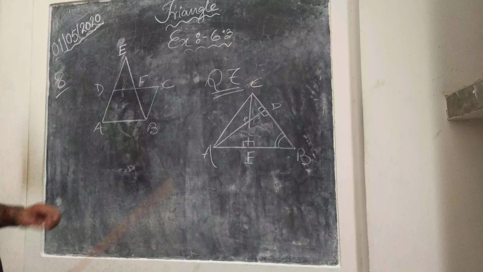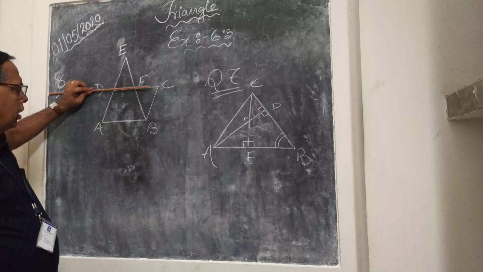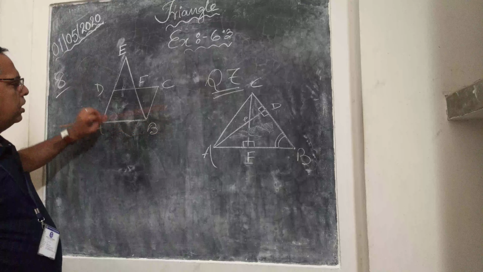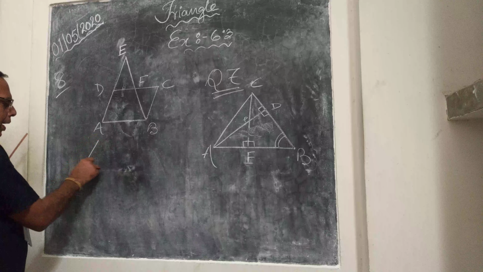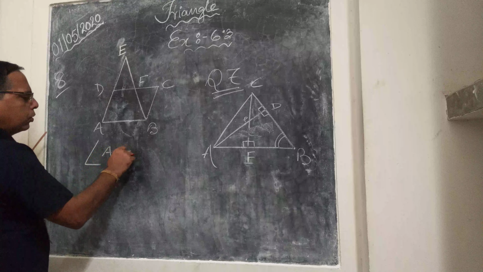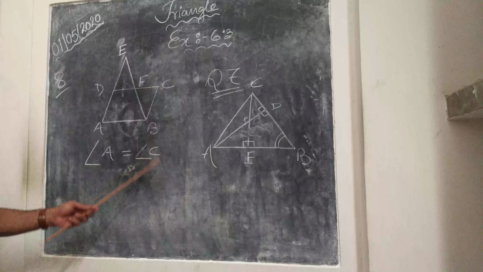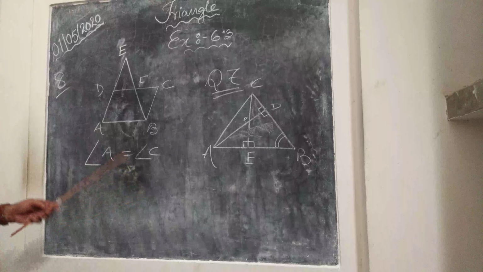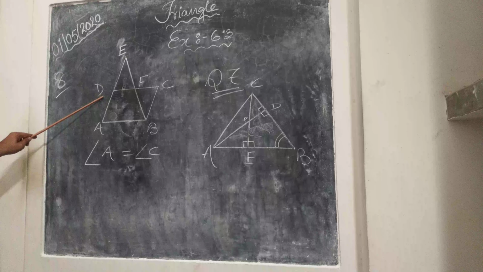Opposite angles of a parallelogram are equal. Now forget about this triangle. Now you see this is the parallelogram. If ABCD is a parallelogram, then what happened? You see angle A equal to angle C. Why? Opposite angles of a parallelogram are equal. So first you write ABCD is a parallelogram.